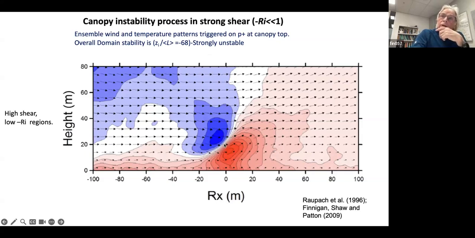In other words, when there's a region of strong shear. And in those regions, even though the overall stability of the very large domain is strongly unstable, in patches on the surface there are regions where things are quite near neutral. And in those regions, we see the characteristic ejection, sweep, scalar microfront pattern.